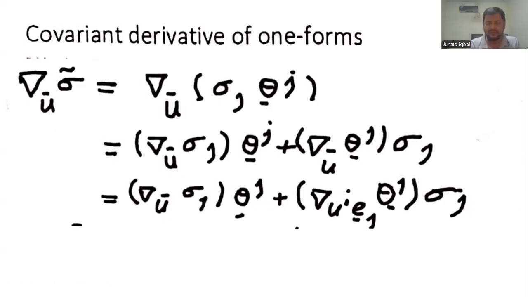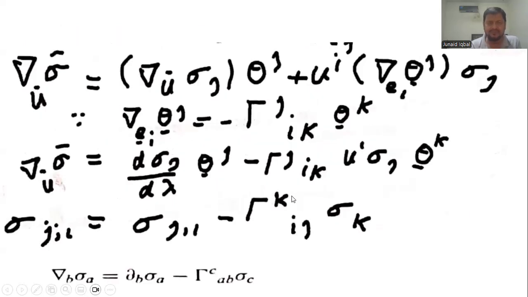So again, using the property of the covariant derivative, we can pull u^i outside from the del operator. So we are left with this equation, and we know the covariant derivative of theta^j with respect to e_i will be equal to minus Christoffel symbol gamma super j ik theta^k. Here we have a minus sign.